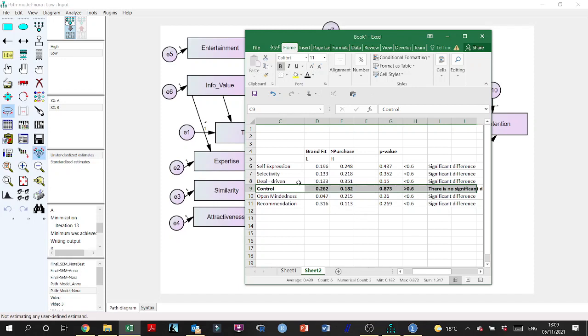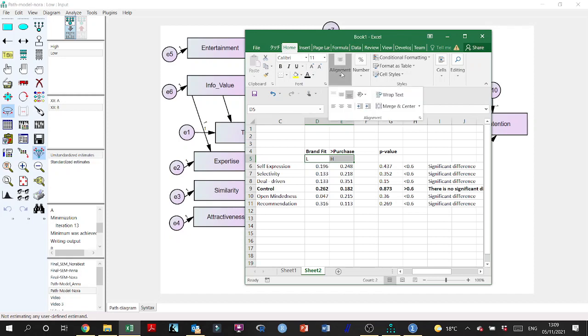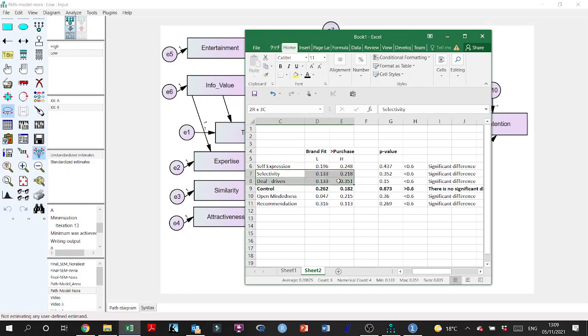But the others do have a significant difference. And this significant difference could be read as follows. For those scoring high on self-expression, the effect of brand fit on purchase intention is higher. For those also scoring high on selectivity and even deal driven, the impact of brand fit on purchase intention is also higher, because the standardized weight regressions are higher.